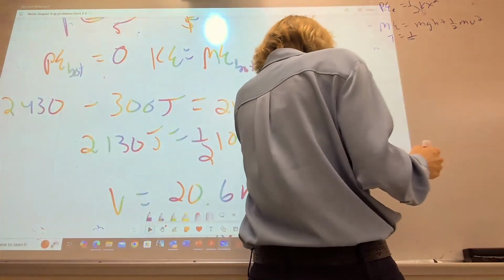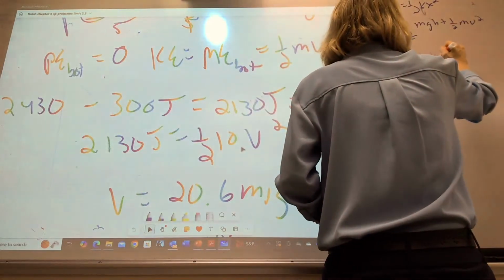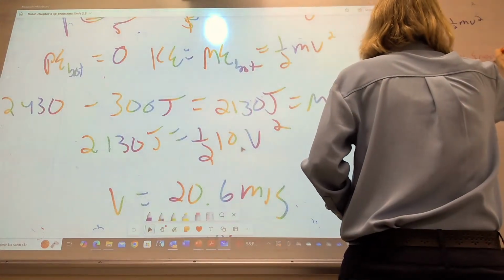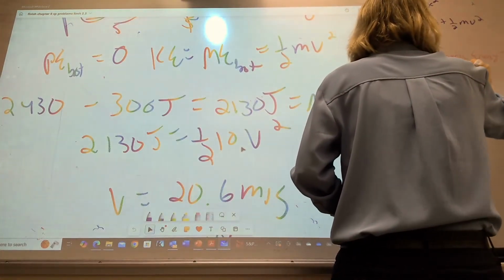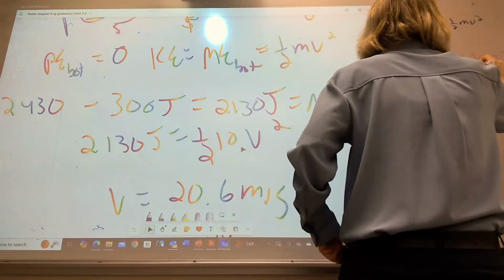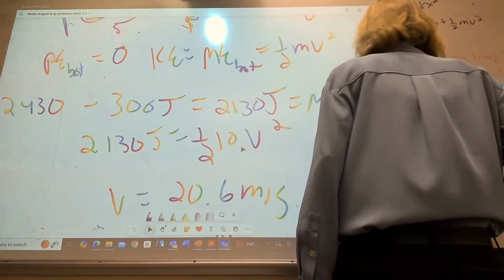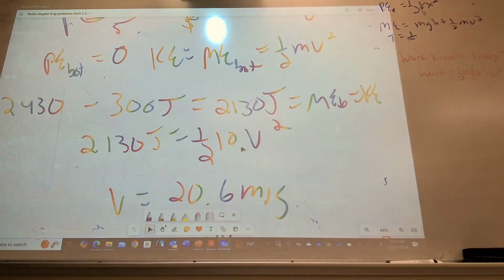It's used in linear and nonlinear situations. So the work kinetic energy theorem is that your work is equal to your change in kinetic energy, which can be written like this, okay? So I went through that with you.